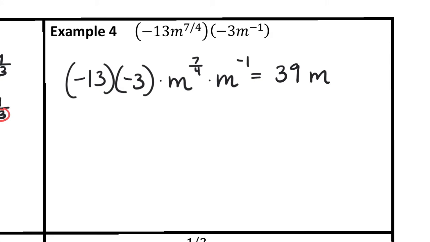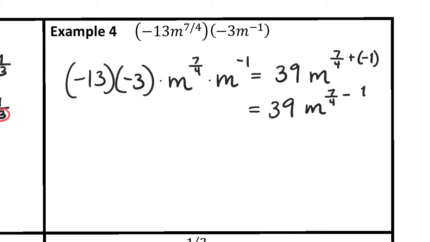Then the m's are multiplying, so the exponents are going to add. But it's plus a negative 1. But this plus negative changes, right, to 7 over 4 minus 1.